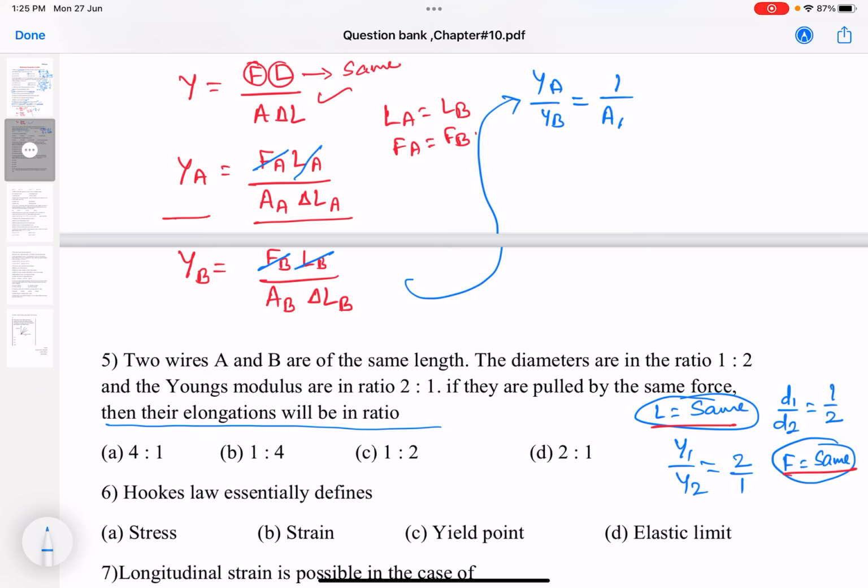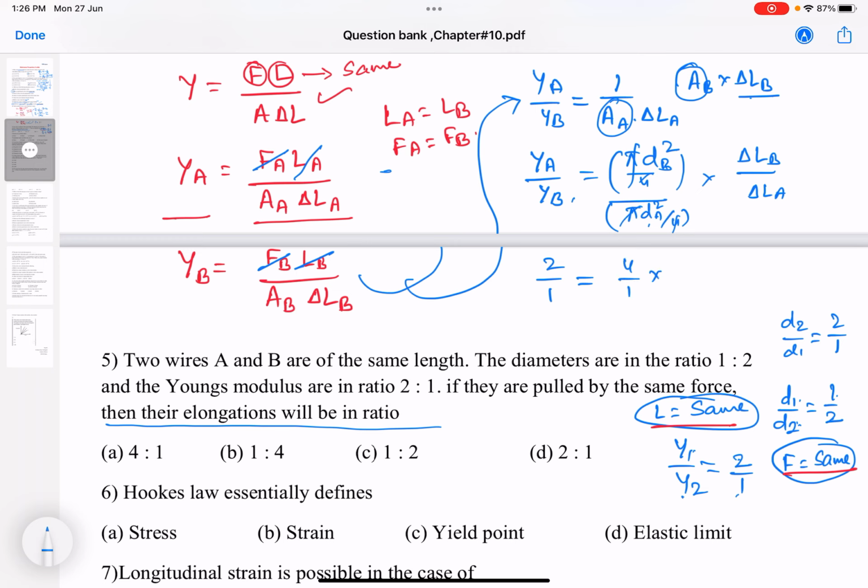So 2 by 1 is equal to dB square by dA square. dA by dB is nothing but 1 by 2, so dB by dA, or d2 by d1, is equal to 2 by 1. So dB square by dA square is nothing but 2 by 1 whole square. That is nothing but 4 by 1 into delta LB by delta LA. Cross multiply.